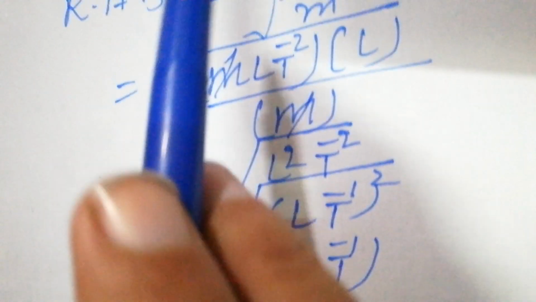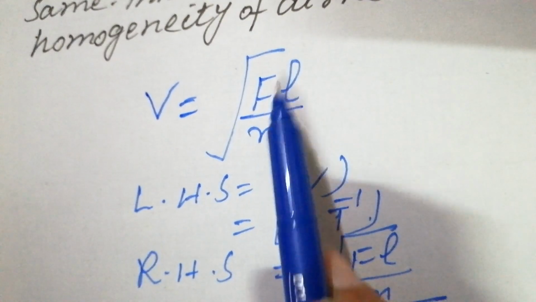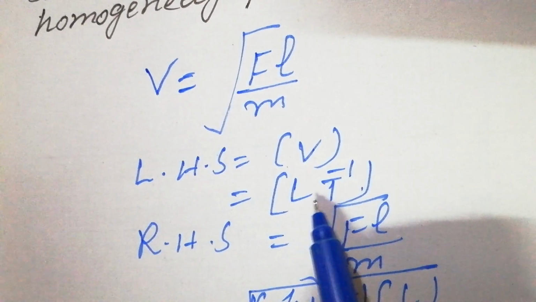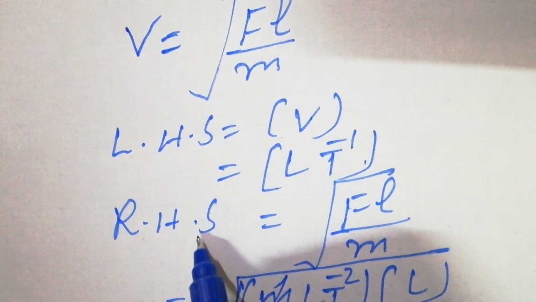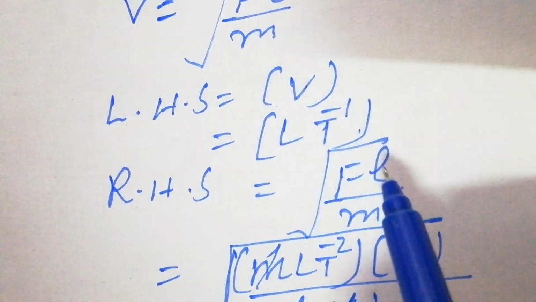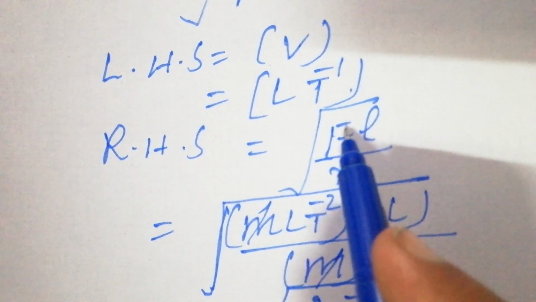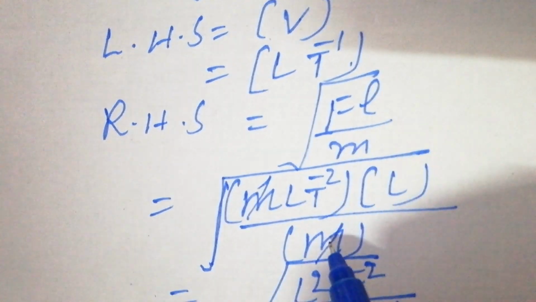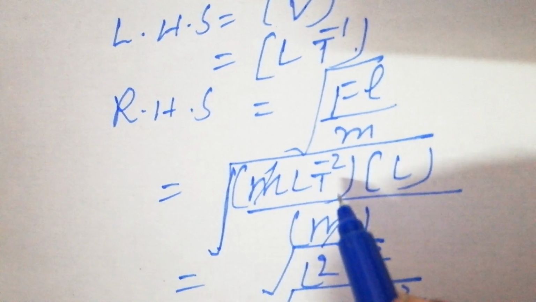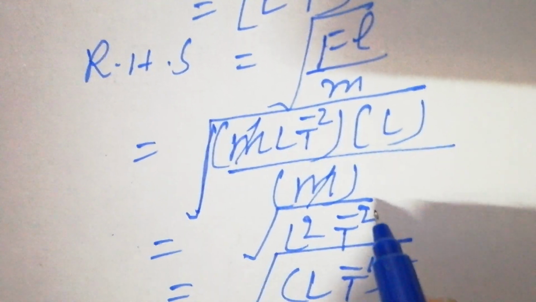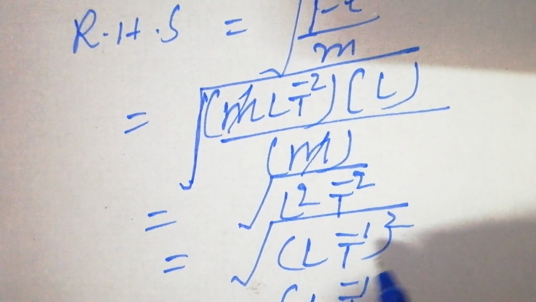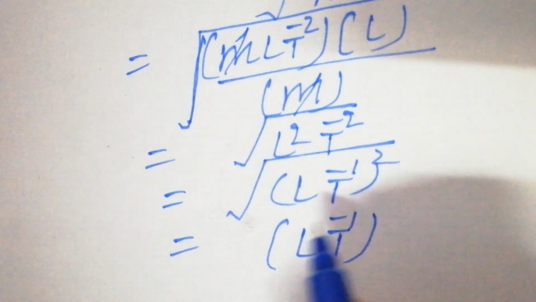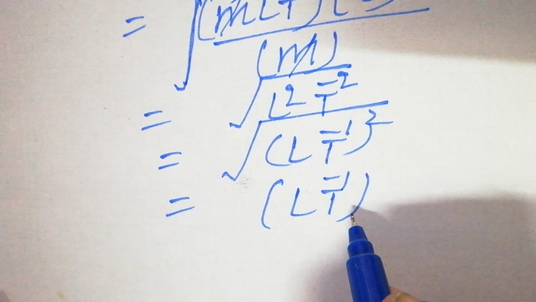So students, look again here. v is equal to the square root of FL over m. Taking the left hand side, the velocity, the dimension of the velocity is LT^-1. Now taking the right hand side, FL over m: the dimension of F is MLT^-2, L is as it is, and capital M. So M is cancelled and we get the square root of L^2 T^-2, which is the square root of (LT^-1)^2, and the square root and square cancel out, and we get LT^-1.